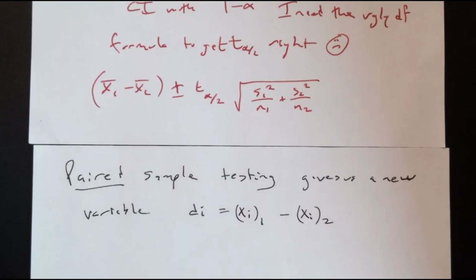I want to think of each individual person, each individual response as one of the values in my data set xi. So the x1s come from the before, and the x2s come from the after. And then I'm going to create a difference for each individual person. That converts all of the pairs of samples into single data points.